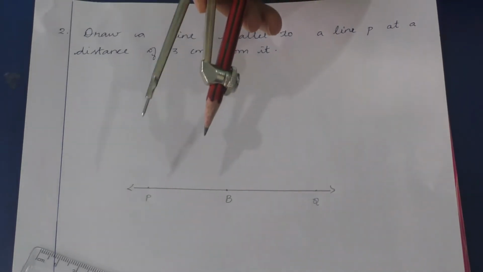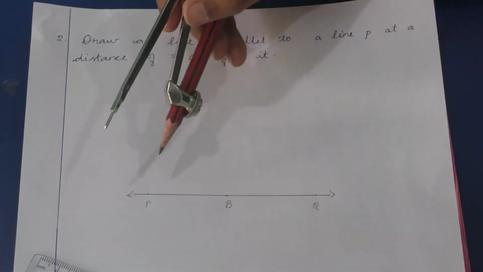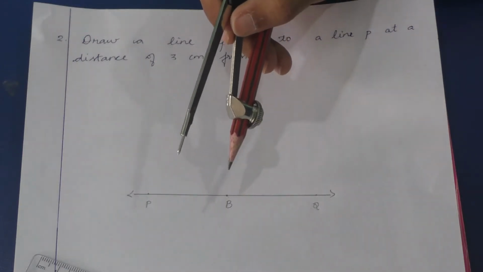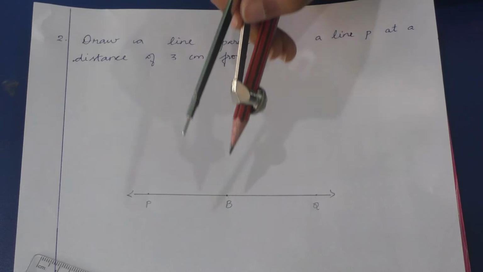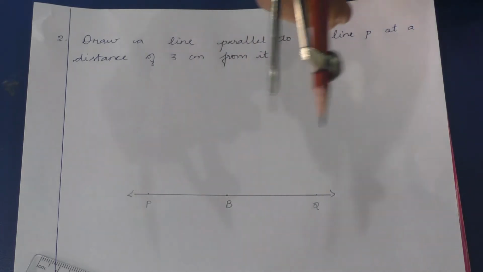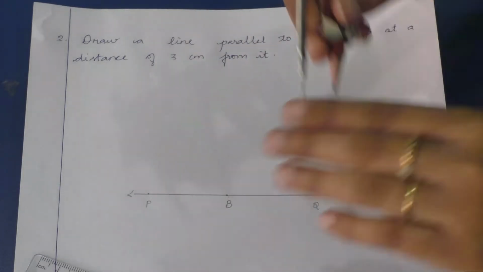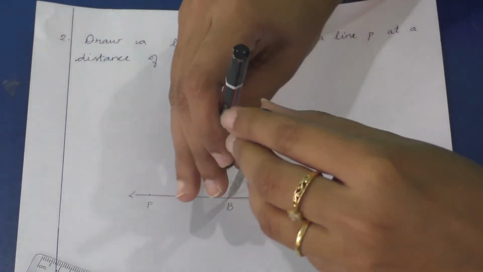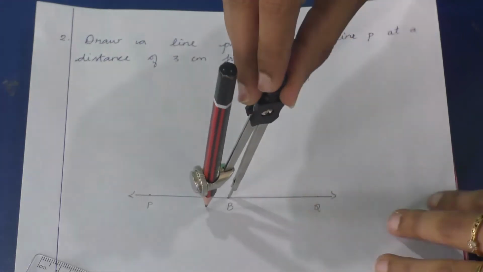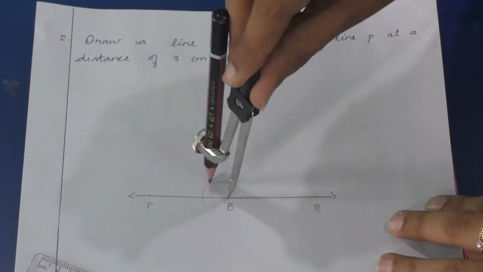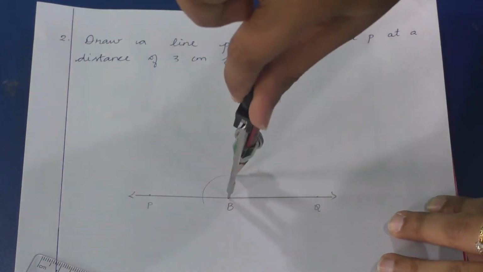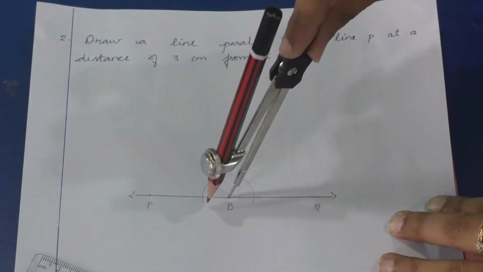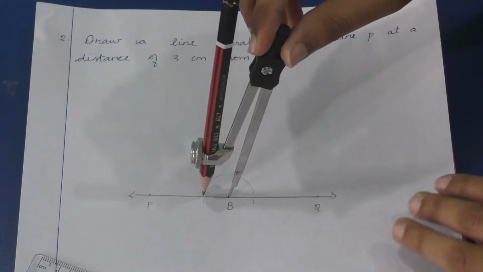As we did earlier, draw a straight line and name it as PQ and mark a point somewhere in the middle as B. Okay, and with this B as center, draw an arc, and you can name it as XY.